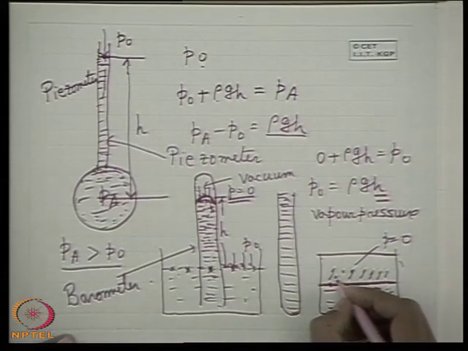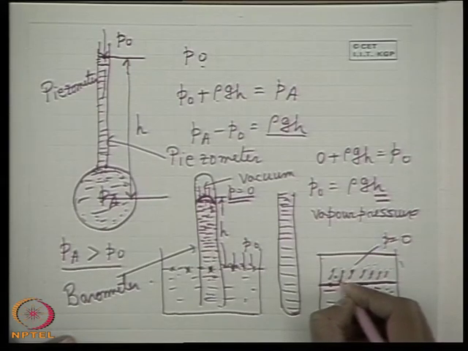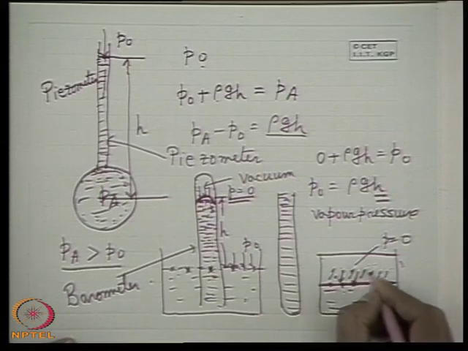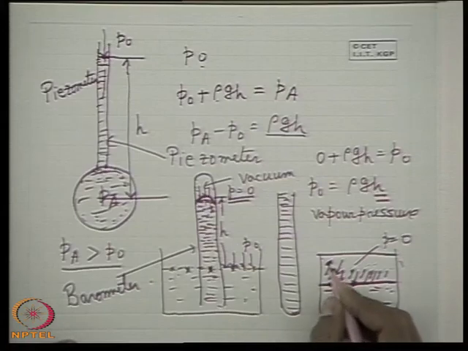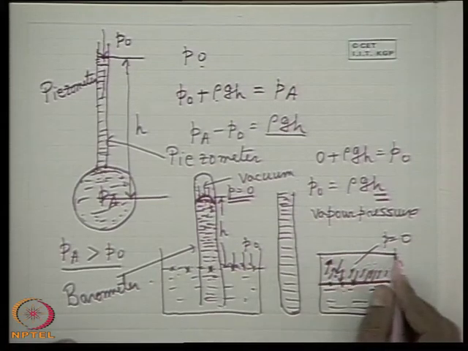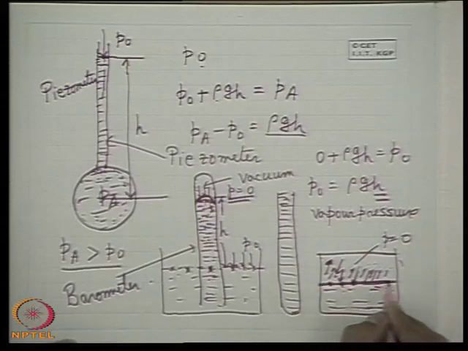And at the same time, when a sufficient amount of vapor molecules are generated, because of the strong cohesive forces, they again come back and strike the liquid surface. So there is motion both ways. One way, the liquid molecules convert into vapor molecules and go into the space. The other way, vapor molecules strike back the liquid and condense on it.